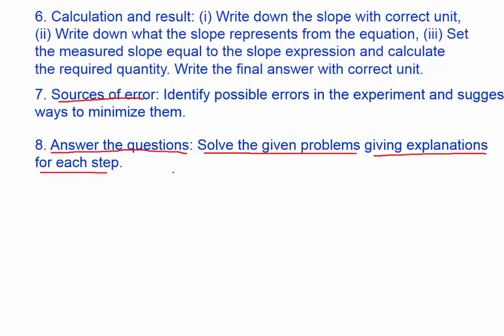It is not enough to write an equation and get an answer. You've got to tell me why you wrote that equation, why that equation is going to be used in here. So the explanation is very important. All right, and that's how your lab report should look like. And once the report is done, you can upload it to be graded.